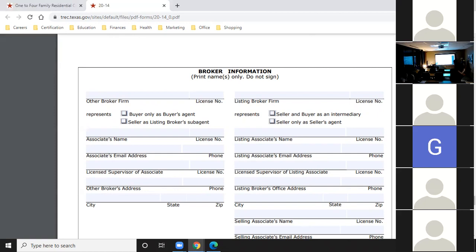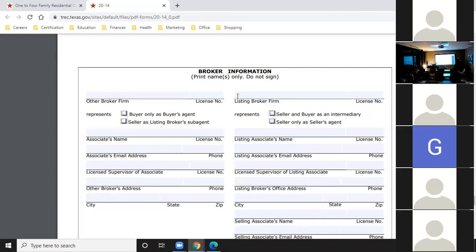Okay, now here's the key thing. If it's Mr. Price, is he the selling or is he the listing agent? I would say he's the listing agent. I agree with you. They agree. So he's the listing agent.